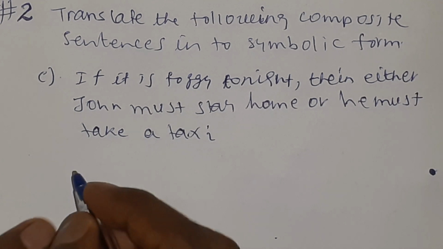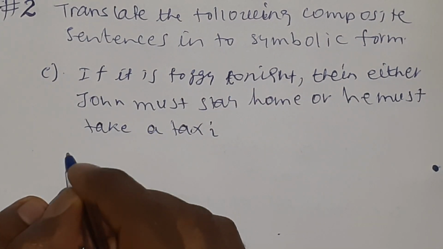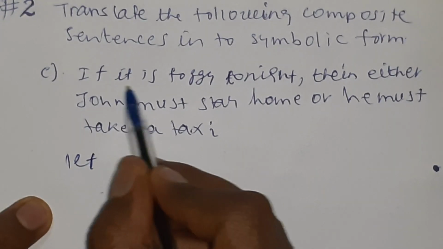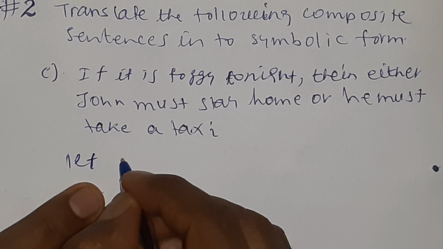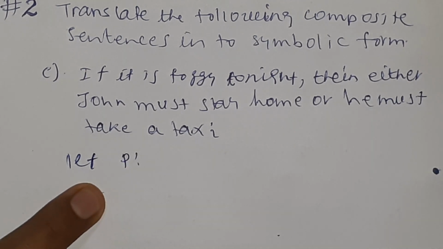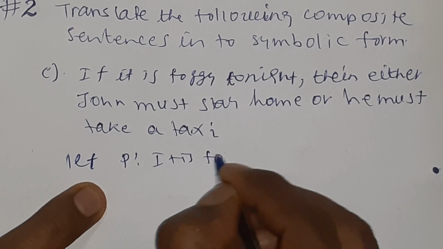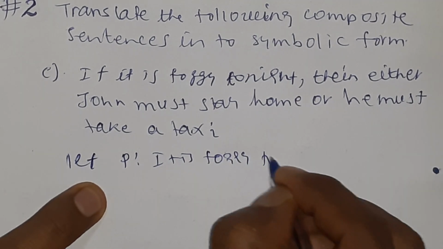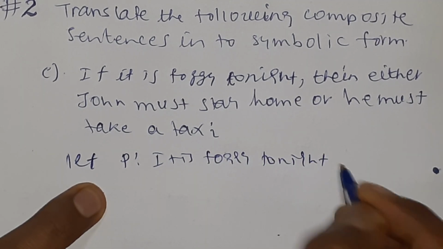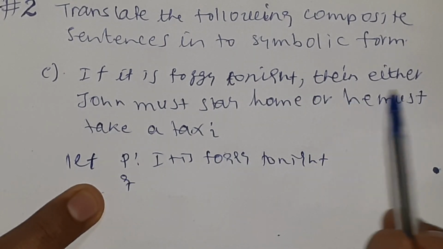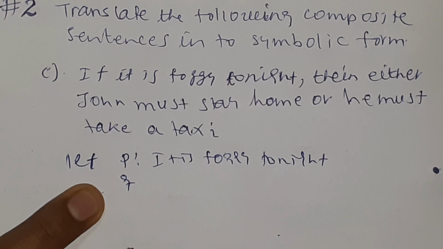In this case, let's assume that the first component sentence, that it is foggy, will be represented by P, such that P is: it is foggy tonight.